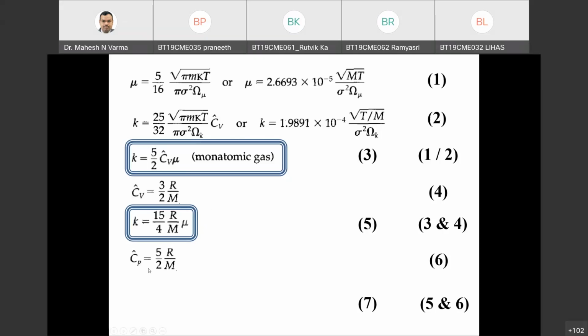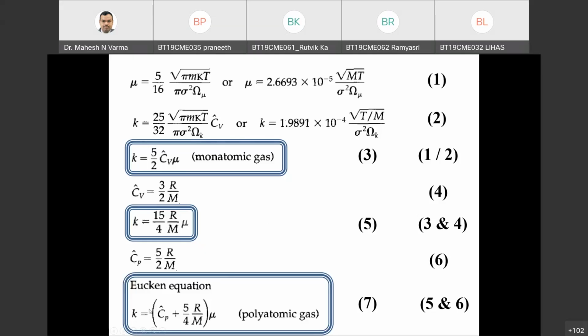In thermodynamics, Cp, the molar heat capacity at constant pressure, and CV are very well studied. Substituting, I get k equals Cp plus 5 by 4 R, divided by M, into viscosity. This is called the Eucken equation.